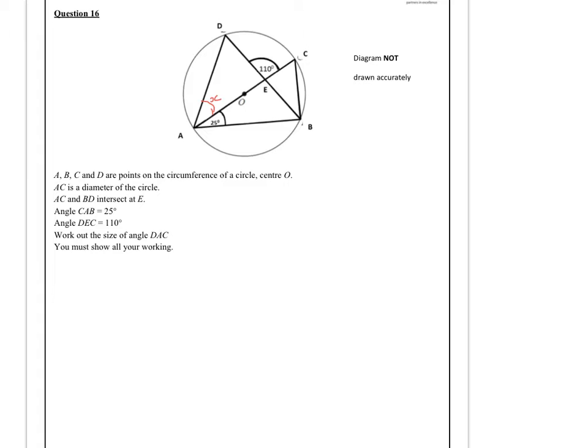The first thing I can see is that this triangle here, CAB, is a triangle that's in a semicircle. So that means that it's a right angle triangle. And so I need to show that because it's asking me to show all our working. So angle ABC is 90 degrees because it's an angle in a semicircle.